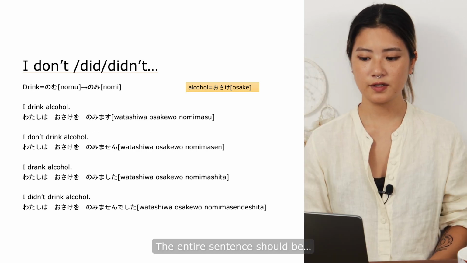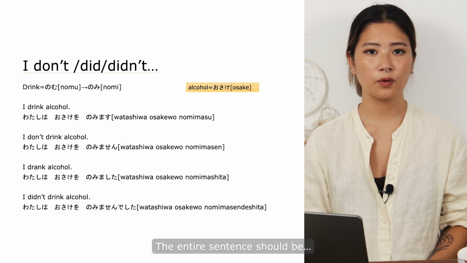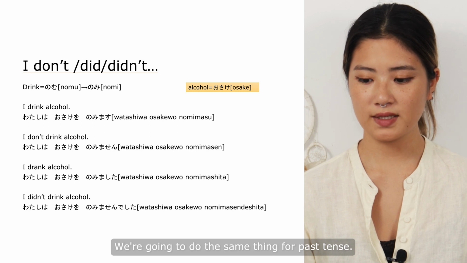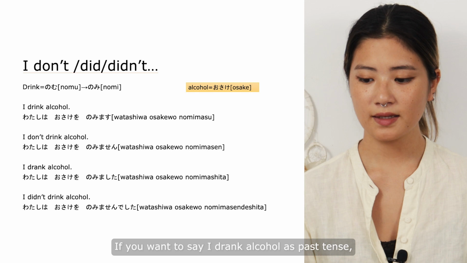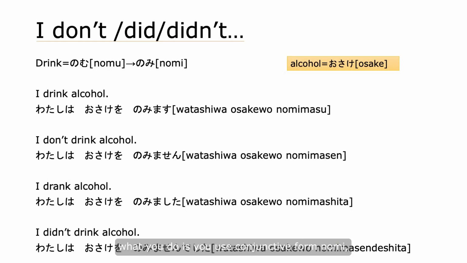The entire sentence should be 私はお酒を飲みません. We're going to do the same thing for past tense. If you want to say I drank alcohol, you use the conjunctive form 飲み and then put ました. 飲みました. The entire sentence is 私はお酒を飲みました.